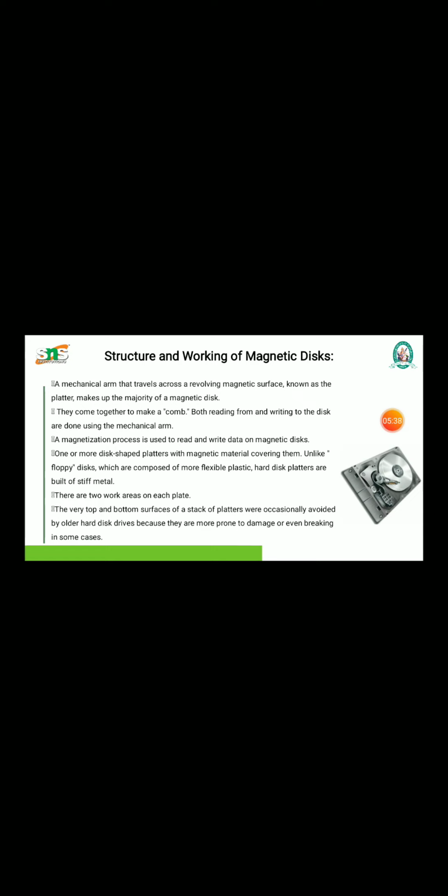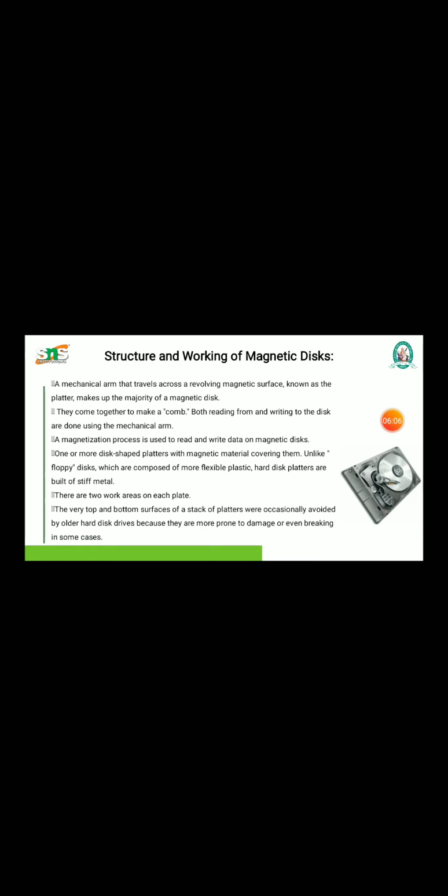A mechanical arm that travels across the revolving magnetic surface, known as a platter, makes up the majority of a magnetic disk. They come together to make up a combination. Both reading from and writing to the disk are done using the mechanical arms. The magnetization process is used to read and write data on the magnetic disk. It has one or more disk-shaped platters covered with magnetic material.